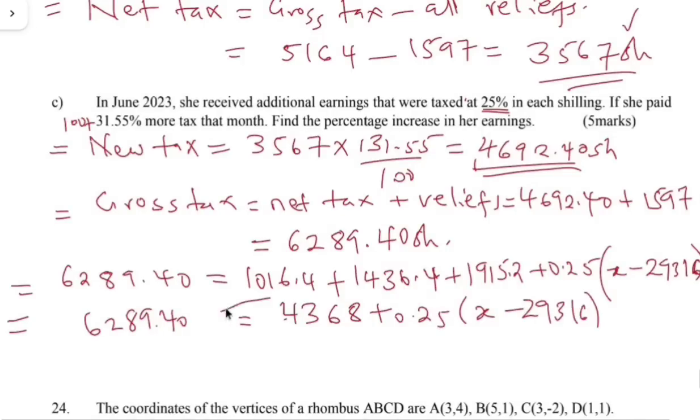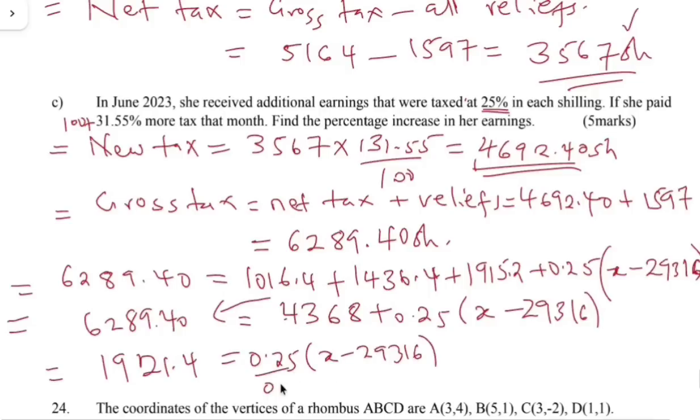So hii ikienda huko itakuwa wa subtract, so just subtract it. So itakuwa 6289.4 minus 4368, which is just equivalent to 1921.4 equal to bado 0.25 into bracket x minus 29,316.